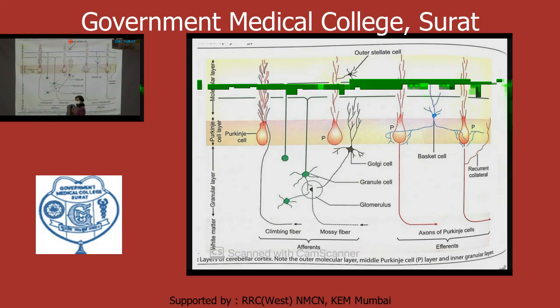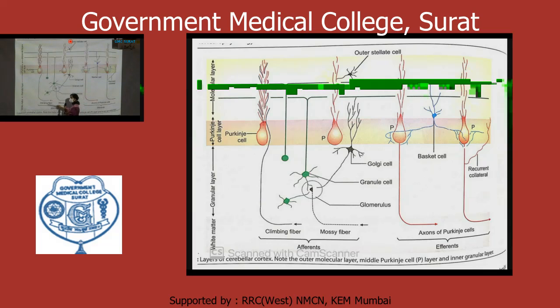Now, what will happen? The spino-olivary tract from the peripheral part, that is from the lower part, will convey to the inferior olivary nucleus that there is some error in the motor activity. And these climbing fibers will correct the rate of firing and the generation of spike potentials.